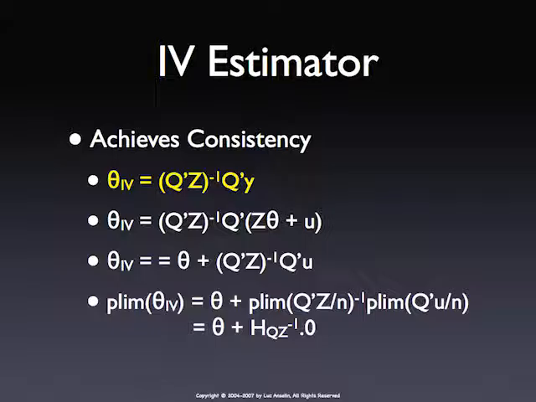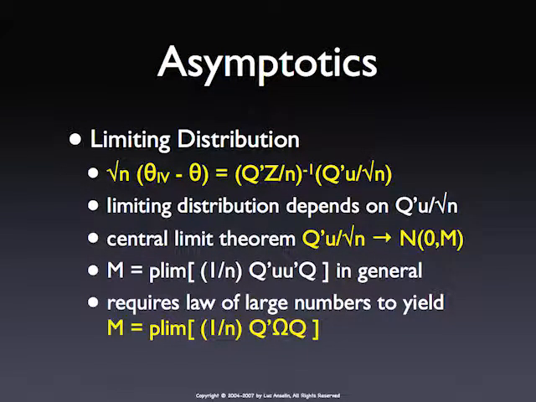Now what we're trying to do is make the difference between these two a meaningful random variable. And ideally, as is the case, a normally distributed random variable. And that is what central limit theorems are about, to show how something becomes a normally distributed random variable. So rather than taking the difference between theta IV and theta, which as we know is 0 in the limit, we multiply it by the square root of n.